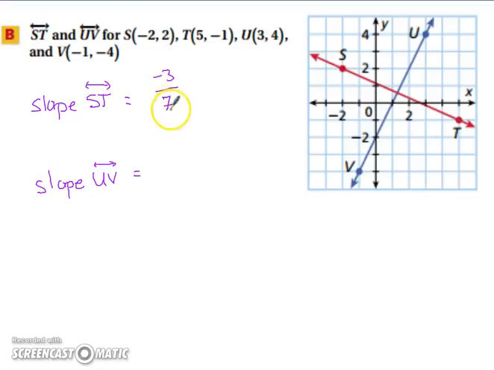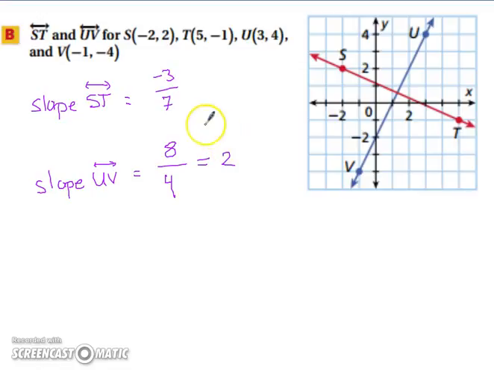So we have a slope of -3 over 7. Alright, so for UV, we're going up 1, 2, 3, 4, 5, 6, 7, 8. And then we're going over 1, 2, 3, 4. And we can reduce 8/4 to simply 2.